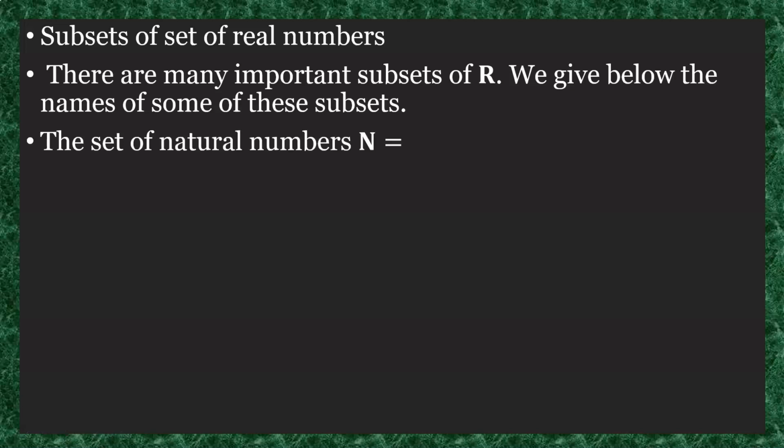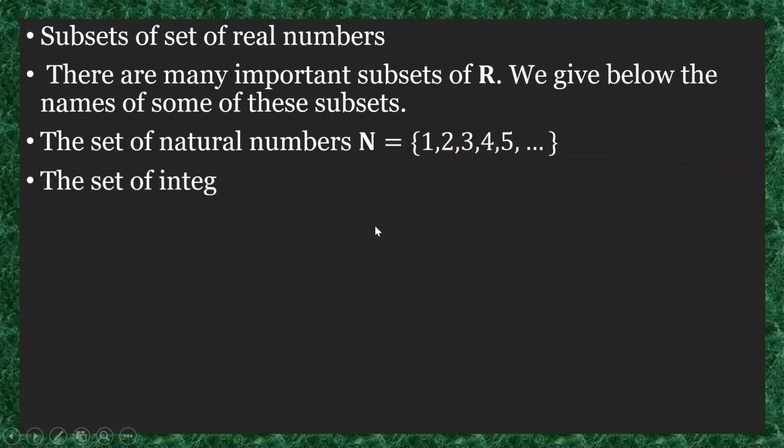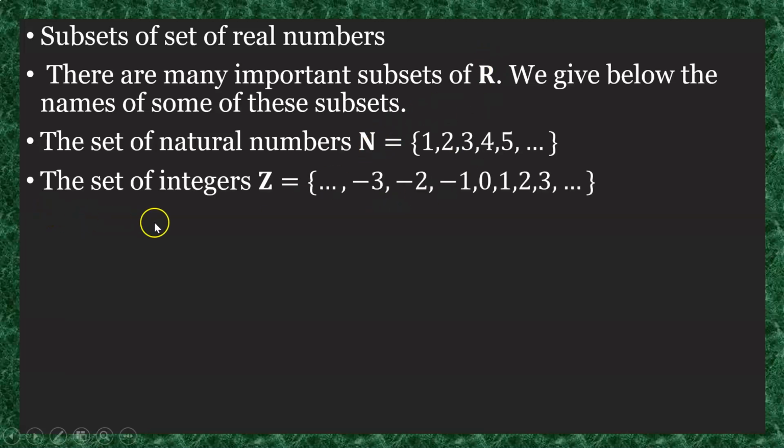The set of natural numbers N equals 1, 2, 3, 4, 5 up to infinity. This is a subset of the set of real numbers. Next, the set of integers Z equals ... minus 3, minus 2, minus 1, 0, 1, 2, 3 up to infinity. And this set of integers is also a subset of the real numbers.